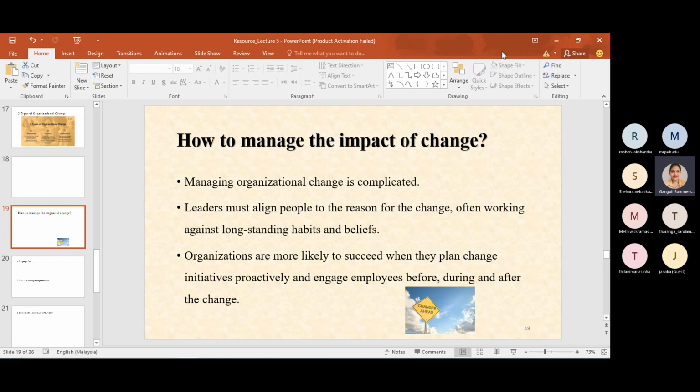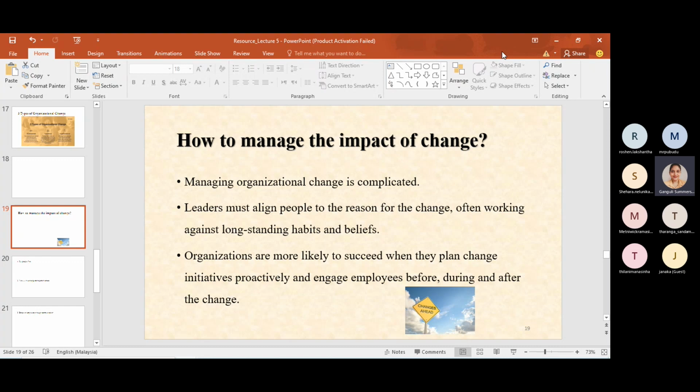Likewise, there can be certain challenges that people face when there are changes happening inside the company. So the leaders of the company should know how to manage the impact of these changes.